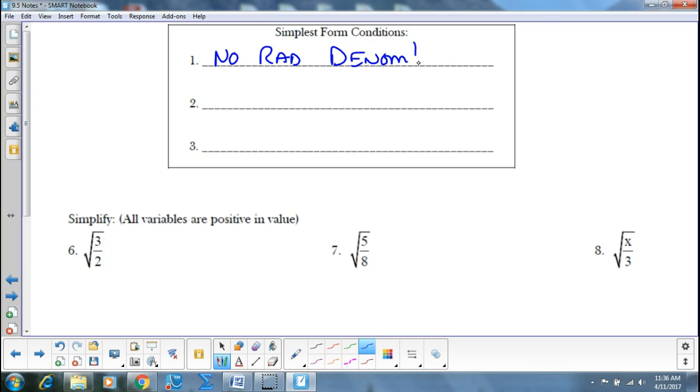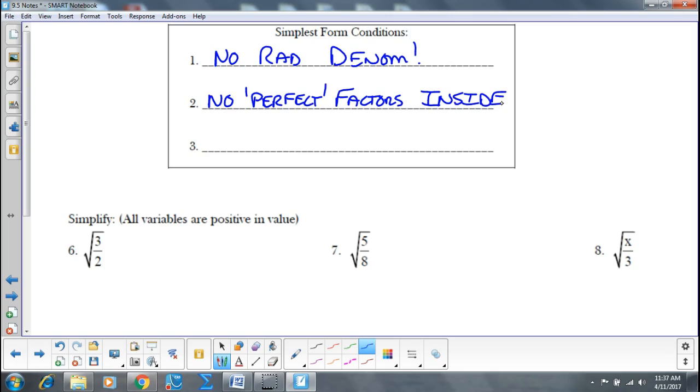Okay, second thing, no perfect factors inside. What I mean by that is no square roots of 12. Because the square root of 12 has 4 inside of it yet, right? And the square root of 4 is 2.